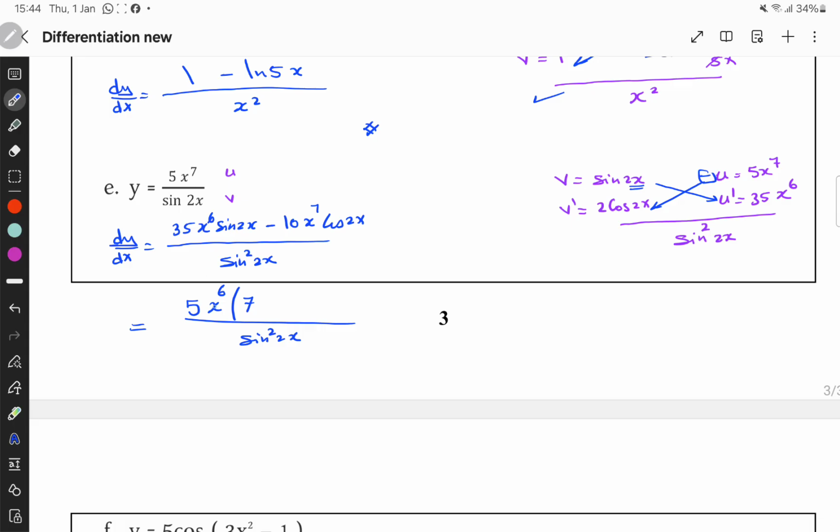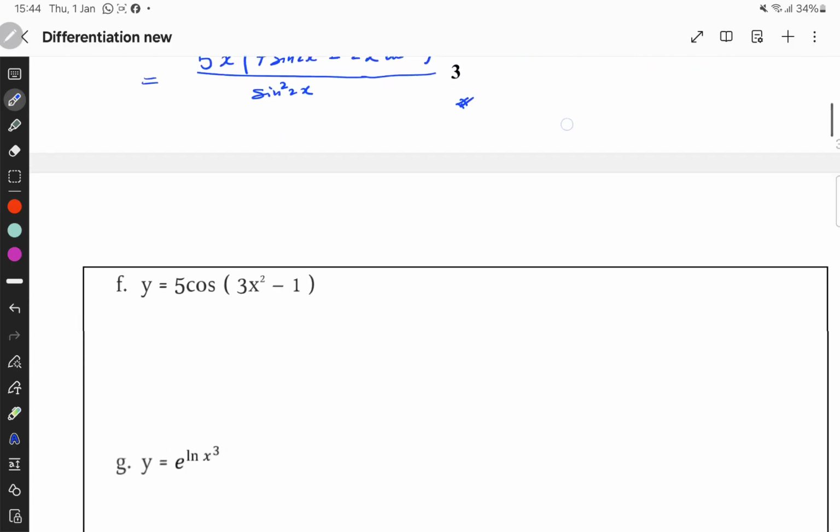X to the power 6 divided by x to the power 6 cancels. So the remaining in the first term is 7 sine 2x, minus 10 divided by 5, which is 2. X to the power 7 divided by x to the power 6 will be x times cosine 2x. Then hashtag we love math.